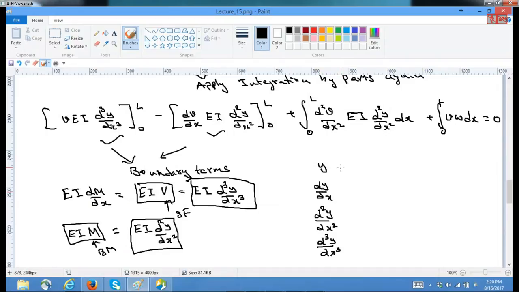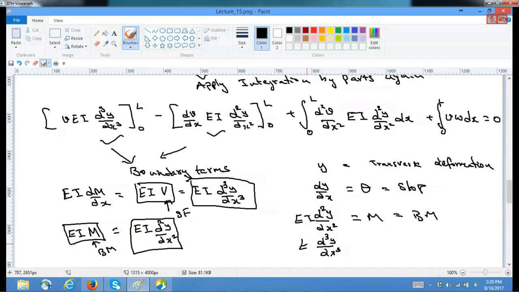So y is nothing but your transverse displacement, and this is theta, which is equal to the slope of the elastic curve. And if I multiply by EI, we have just seen that it is the bending moment. If I multiply EI to it, which is the material constant for a given selected beam, this is your shear force.